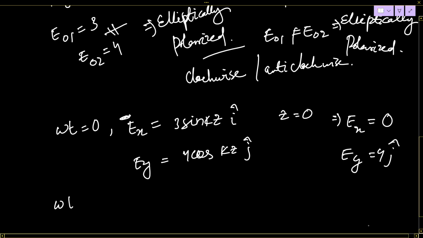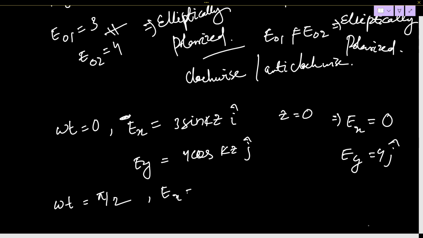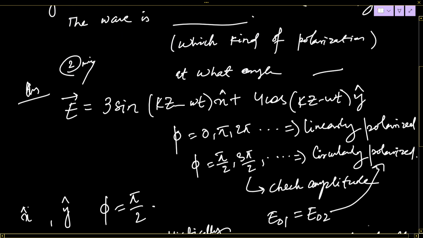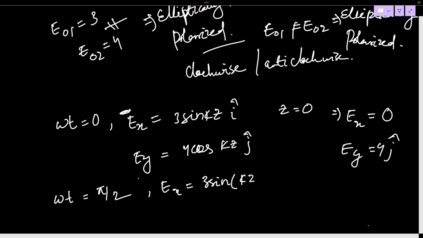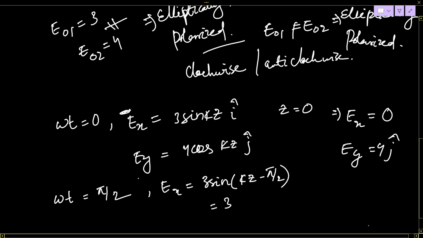Okay. Now omega t is equal to pi by 2. Ex will be 3 sin(kz minus pi by 2), which is minus 3 cos(kz)... anyway, Ey will be 4 cos(kz minus pi by 2).